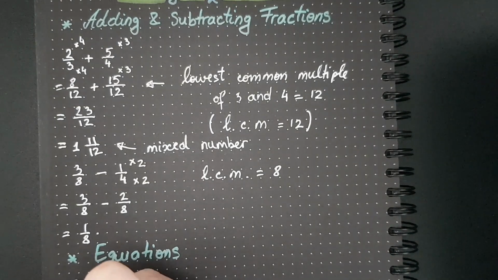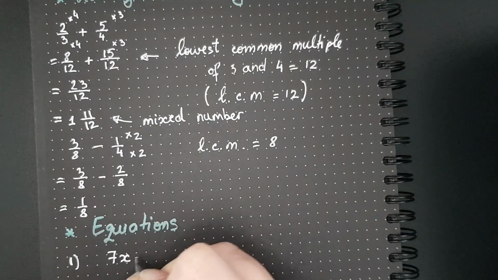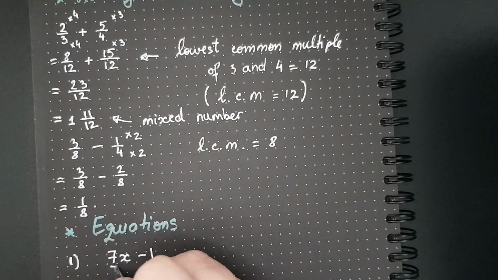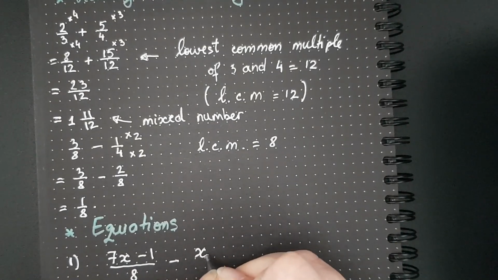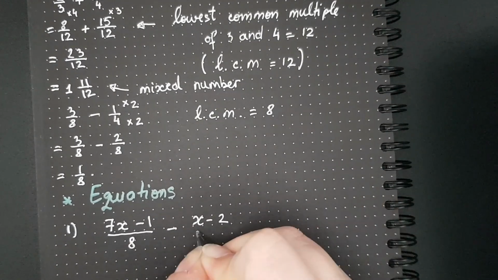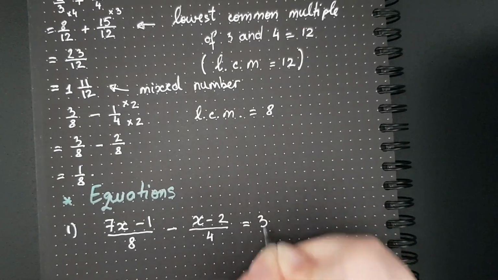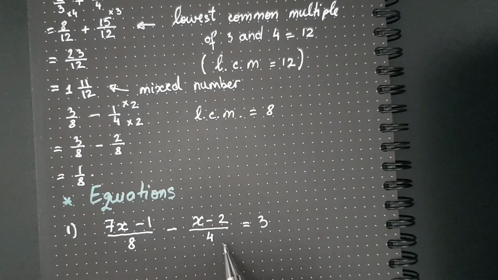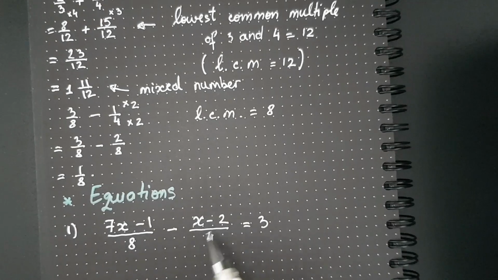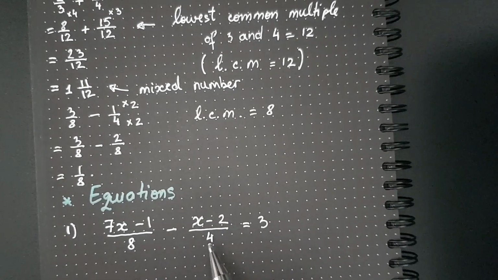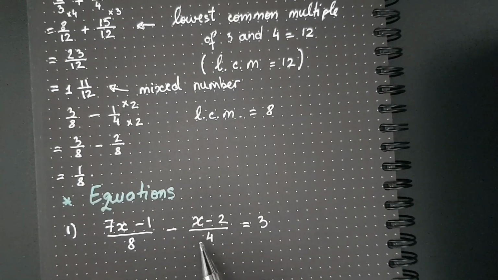So first example over here, let's say we're taking 7x, take away 1 over 8, take away (x minus 2) over 4 equals 3. So you see I kept the 8 and the 4 very similar to the example I've had on subtractions. So again, for this one, I do advise we get a really big fraction with a common denominator.